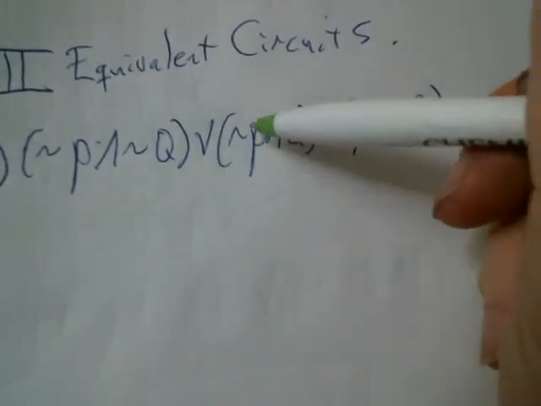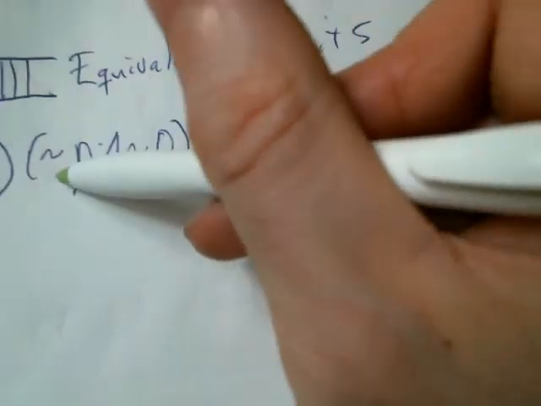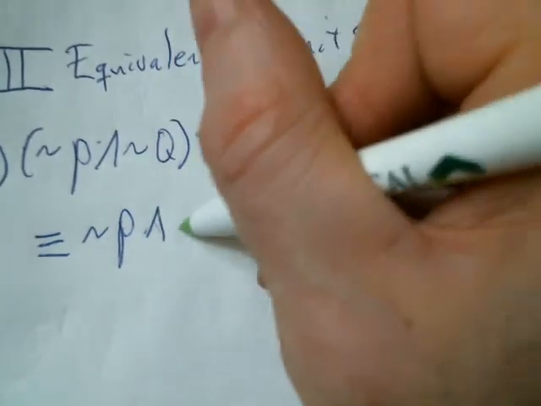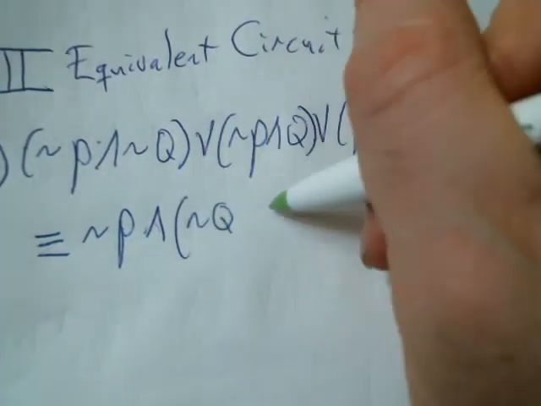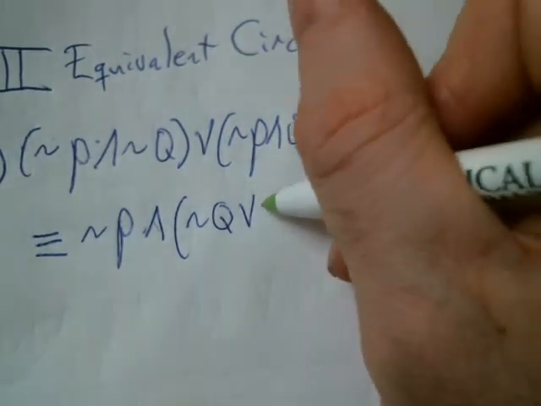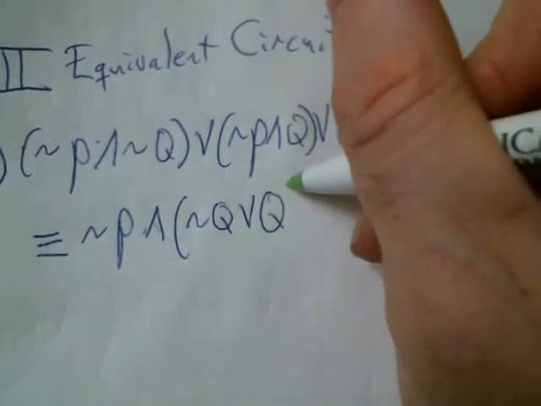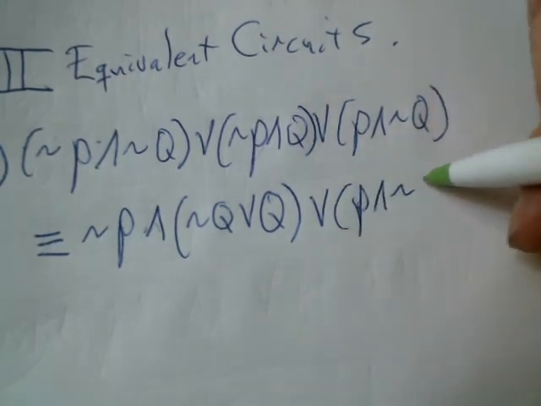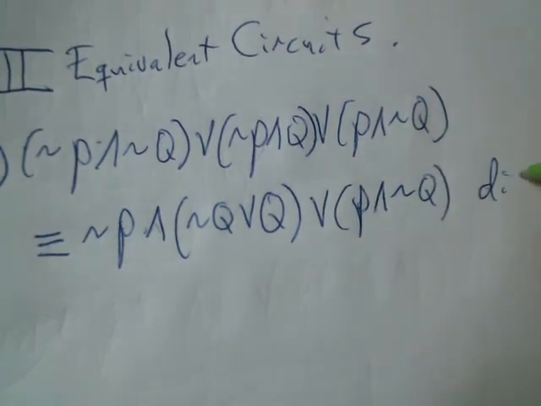Okay, so it looks like I could do some sort of distribution with these guys, these not P's, and pull them out of the first two parentheses. So we can say this is equivalent to not P and not Q or Q, and then or P and not Q. So that's distribution.